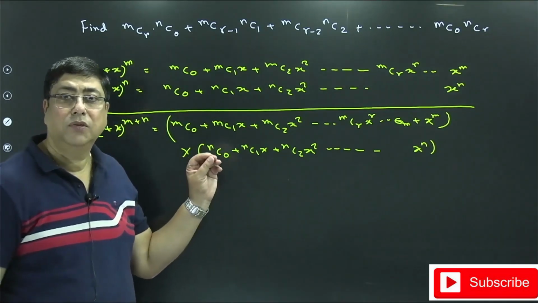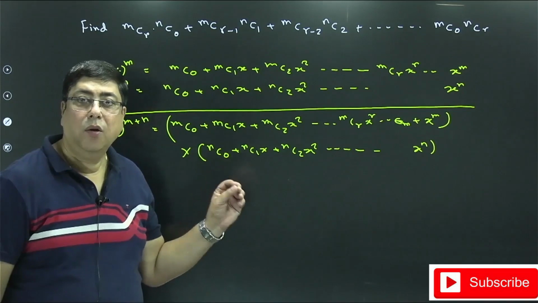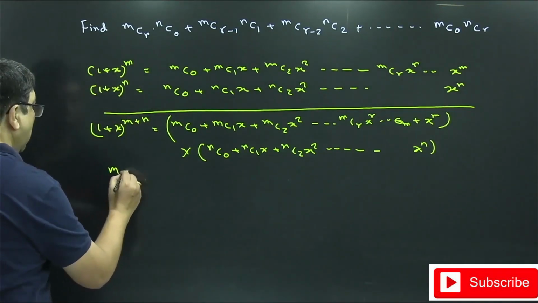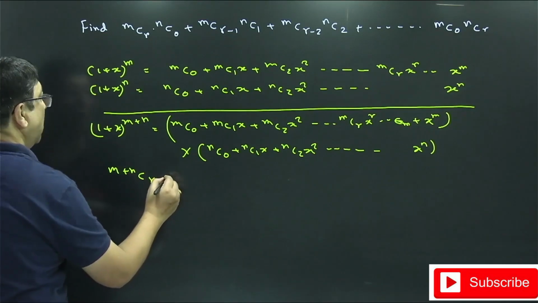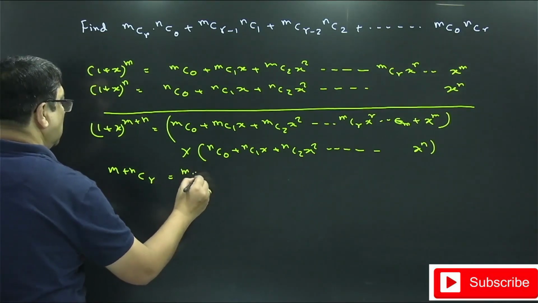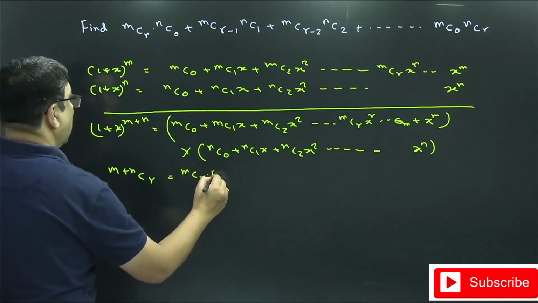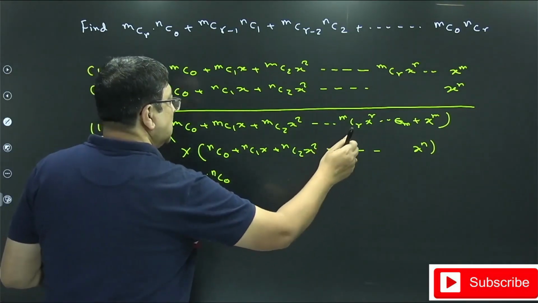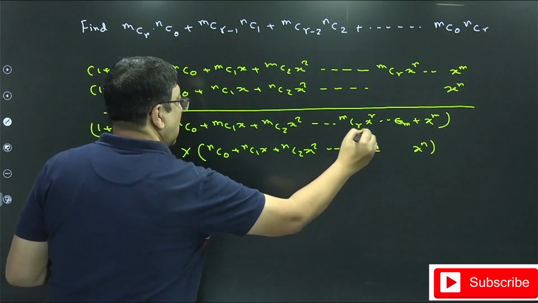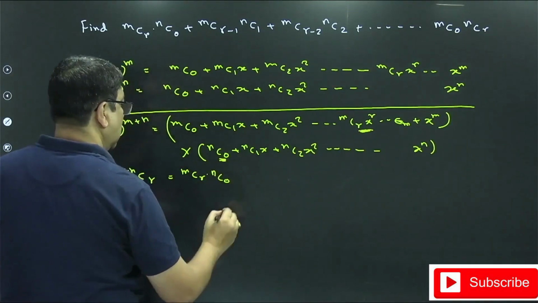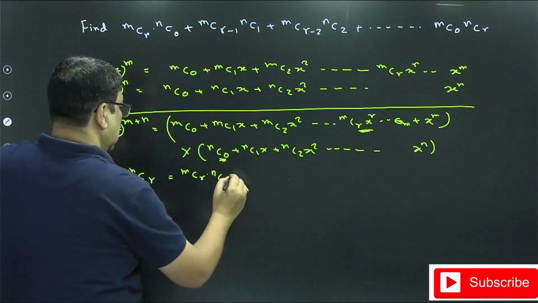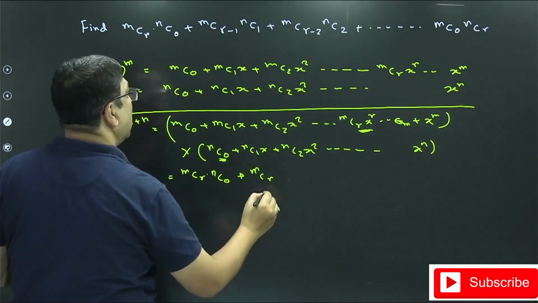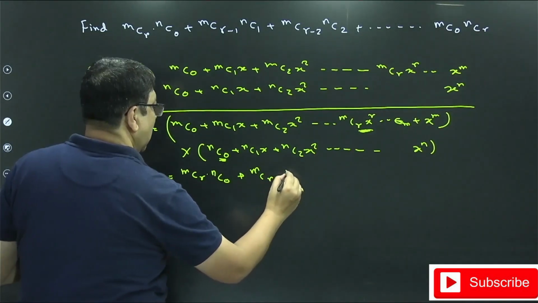So equating the coefficients of x^r on both sides, we are getting (m+n)Cr, and here mCr into nC0. So just see, this portion is mCr, this is nC0, and this is mC(r−1) into nC1.